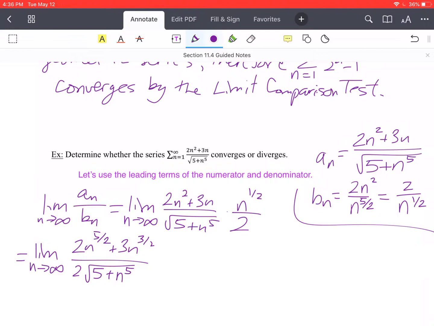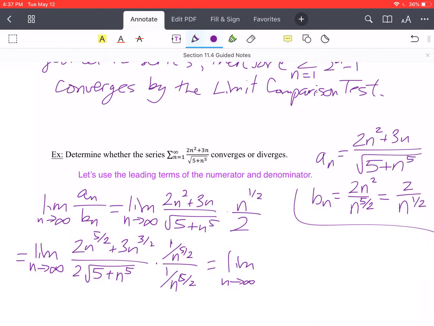Okay. Multiply by the highest power in the numerator and denominator, so that's 1 over n to the 5/2 over 1 over n to the 5/2.